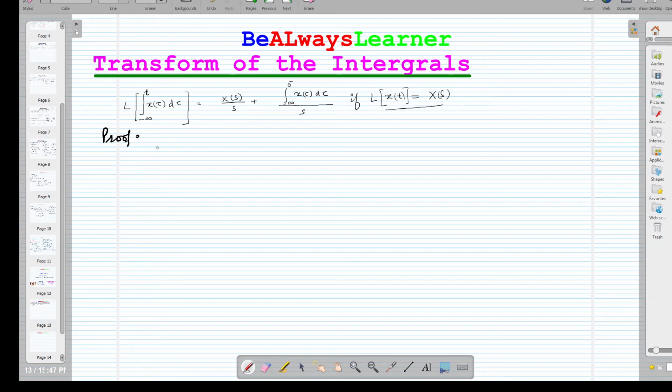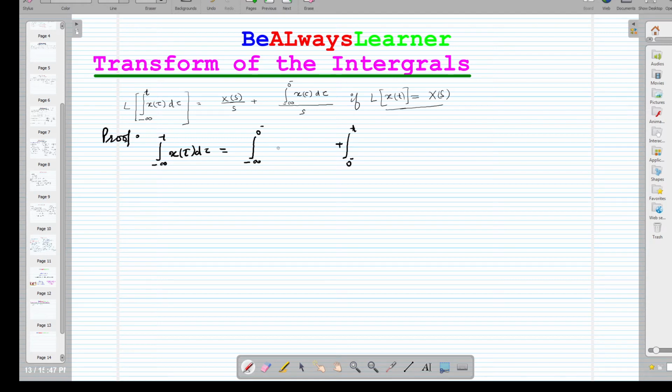The term given here is the integration of x(tau) d tau with limits from minus infinity to t. This limit can be bifurcated into two portions: from minus infinity to 0 negative, and from 0 negative to t. So that is the entire interval covered.